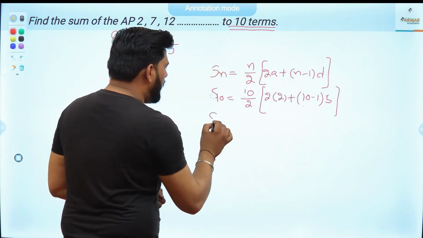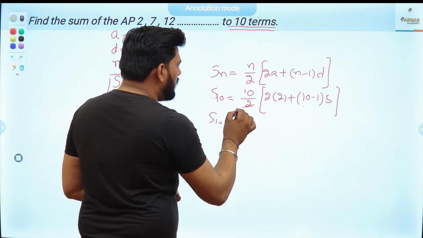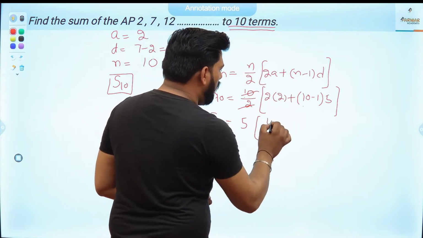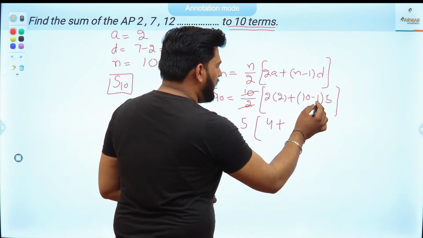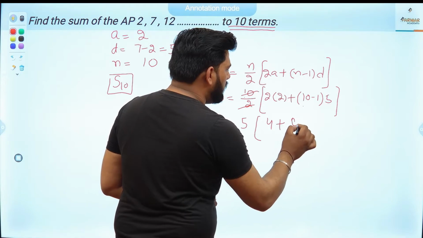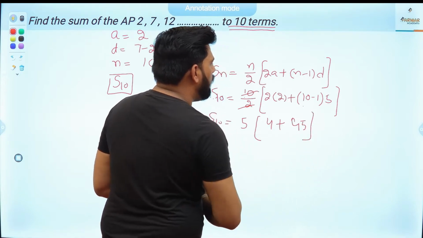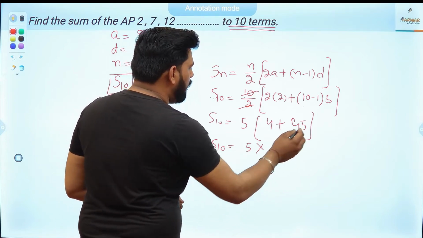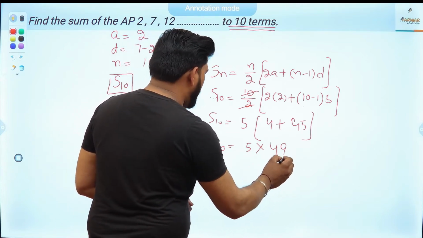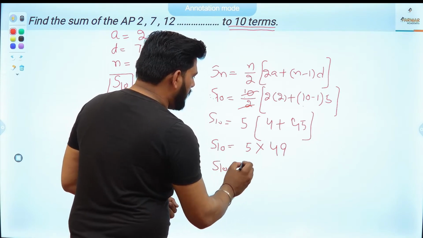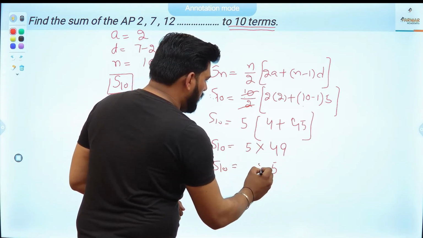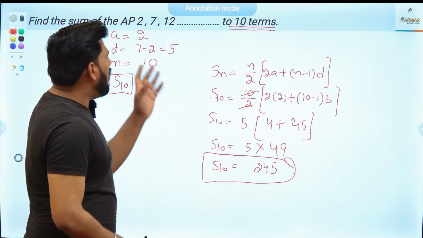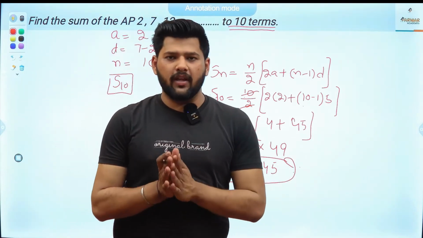So S10 is equal to 5 times (2 twos are 4, plus 10 minus 1 is 9, 9 into 5 is 45). So this is 45, and S10 is equal to 5 into (45 plus 4), that is 49. So S10 is equal to 245. That means the sum of the first 10 terms of this AP sequence is 245.